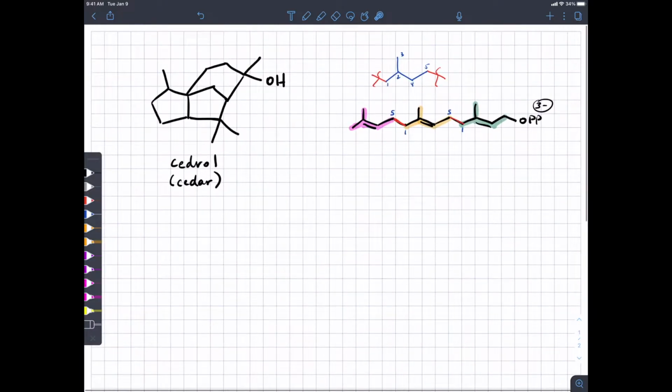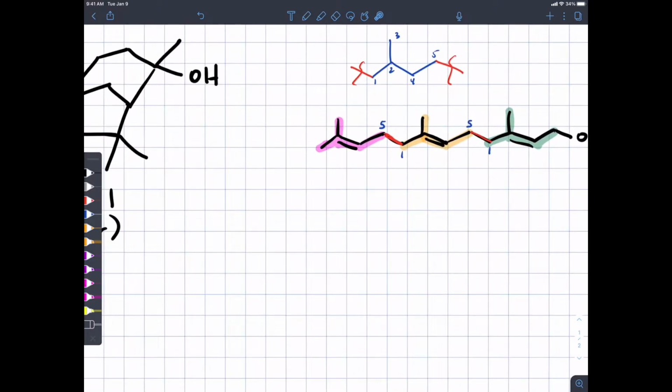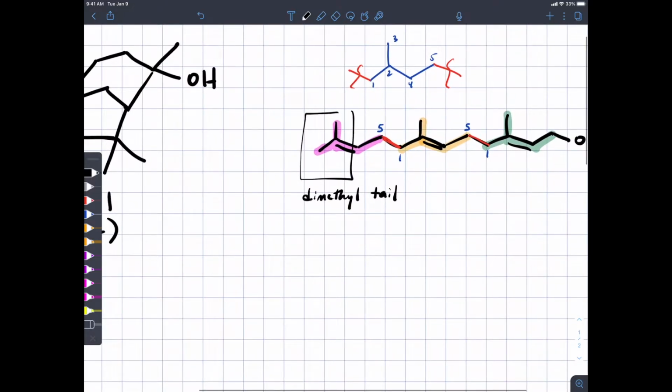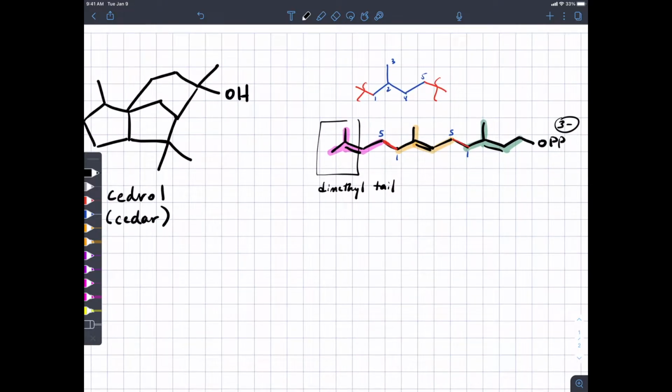this product. But notice that in the linear precursor we have what I've called the dimethyl tail. That means at some point in this molecule, we're going to have a tertiary carbon that's bonded to 2 other carbons, and those carbons will either be methyl groups or some version of a methyl group.